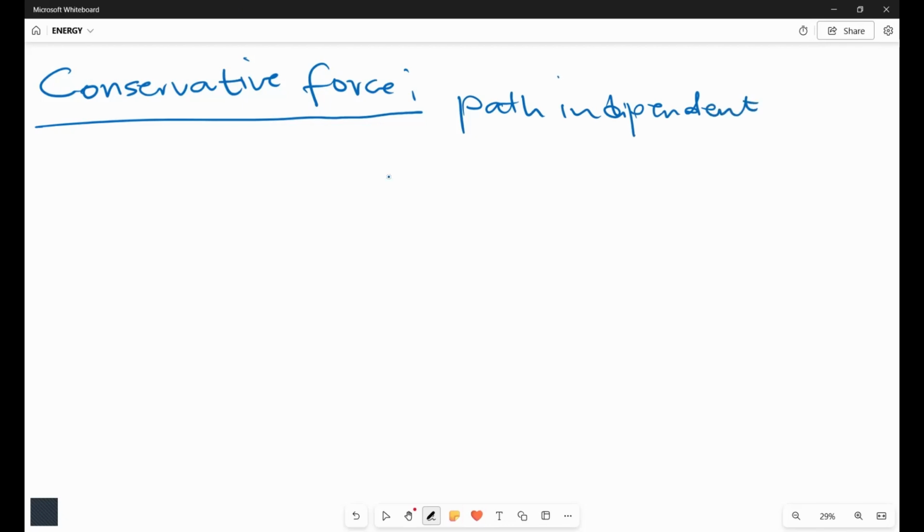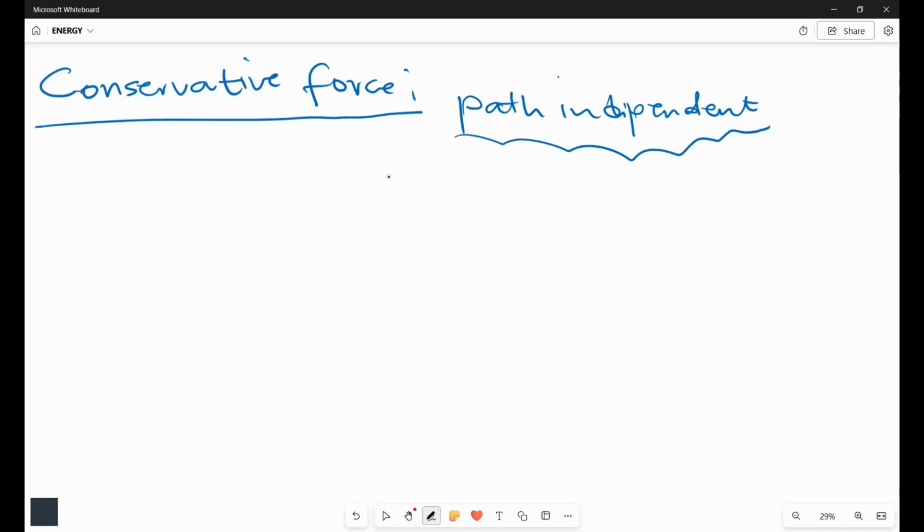I'm not sure if my spelling of independent is correct. If it's not, sorry. I'm teaching physical science and mathematics, not English. All right. This is path independent. This is not a full definition. It's just for explanation purposes.